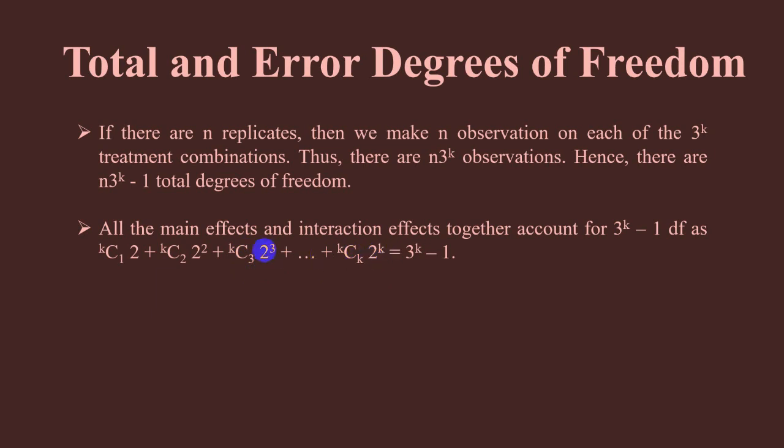And if we simplify this, we get 3 raised to k minus 1. Therefore, the degrees of freedom for error is equal to total degrees of freedom minus the degrees of freedom accounted for by main effects and interaction effects, which is equal to 3 raised to k times n minus 1.